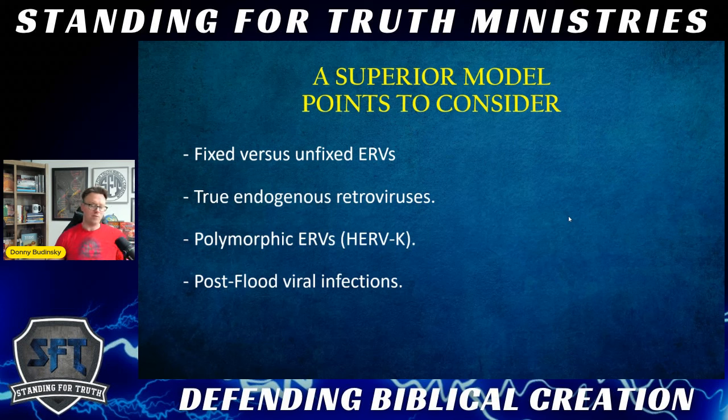That would be an example of a true ERV that resulted from exogenous retroviral infection, and it was passed on vertically because it infected a sperm cell or an egg cell, and it was endogenized.